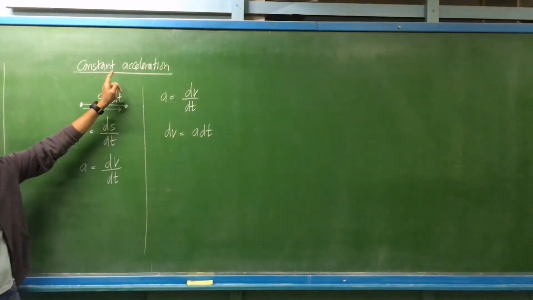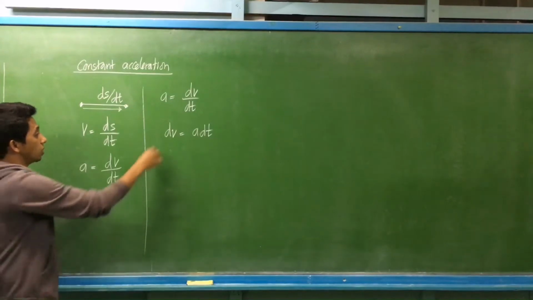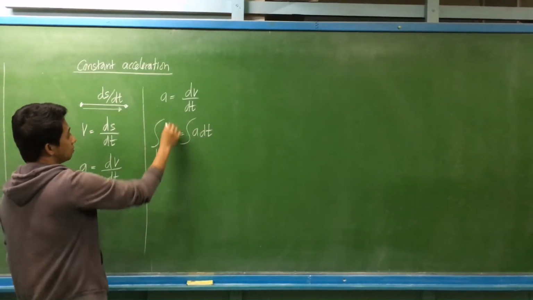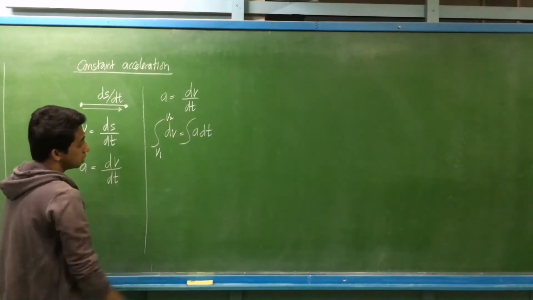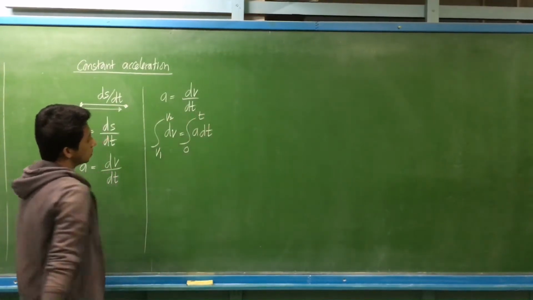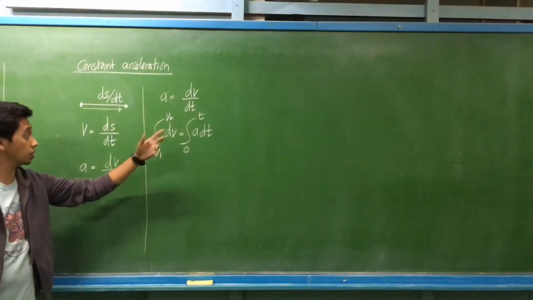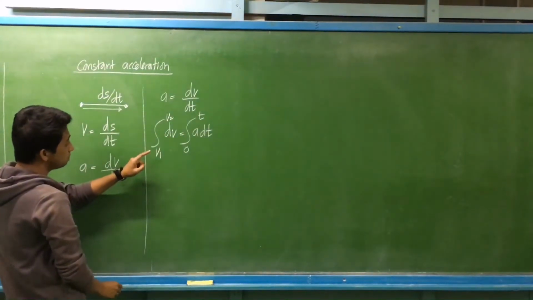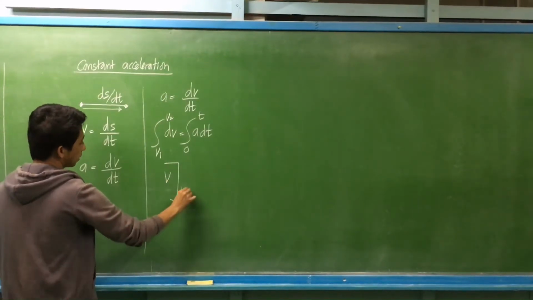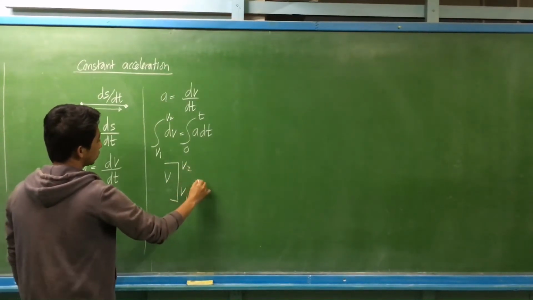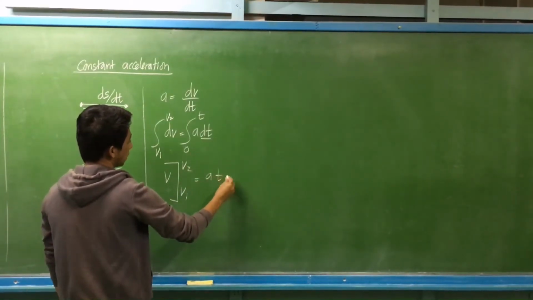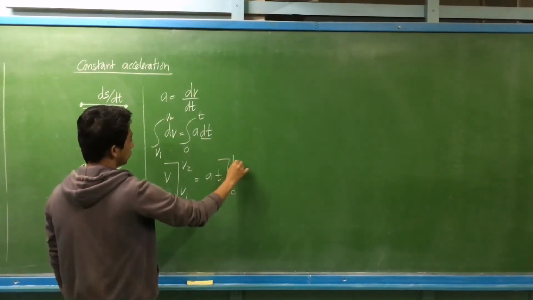Considering constant acceleration, we integrate both sides of the equation, from initial velocity to final velocity, and from 0 up to time t. The integral of dv is v, evaluated from v1 to v2, is equal to the acceleration times the integral of dt, which is t, evaluated from 0 to t.